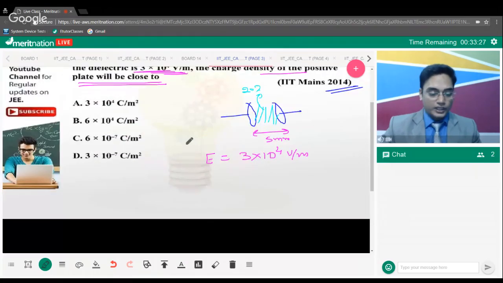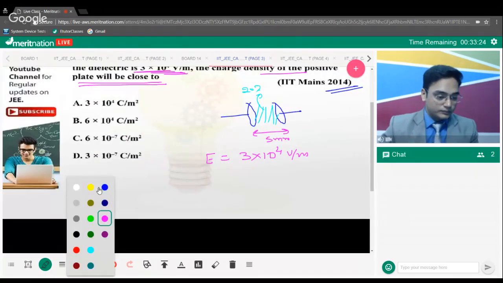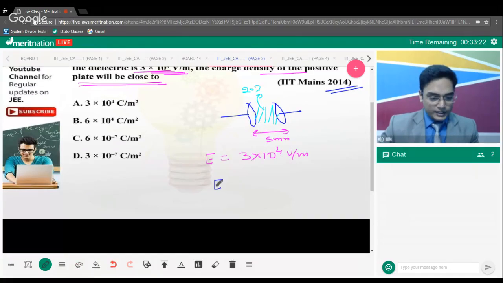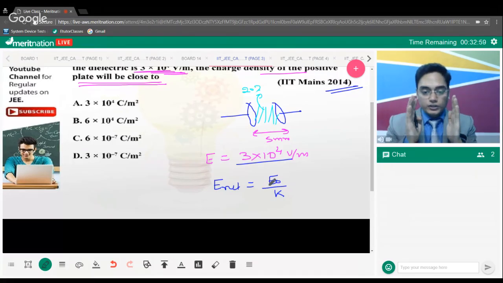So we know the formula E net is equal to E naught by K, because this is the effect of the dielectric: once we introduce the dielectric, the electric field becomes 1 by K times, so E naught upon K. E net is given as 3 into 10 power 4, K is given, so we can obtain E naught. E naught is the electric field between the two circular plates, basically a parallel plate capacitor.